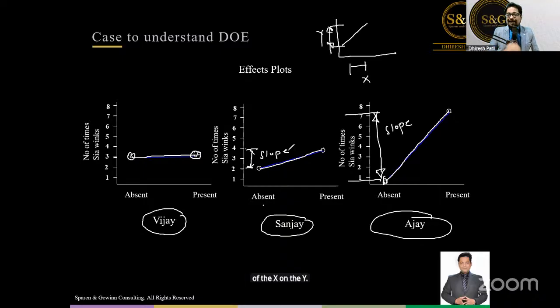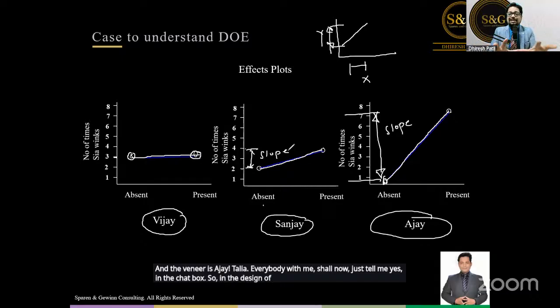So with the data analysis, we can say it is Ajay who has the maximum impact on Sia's smile, and the winner is Ajay. Everybody with me till now, just tell me yes in the chat box. So this is called design of experiments in a very simplistic format.